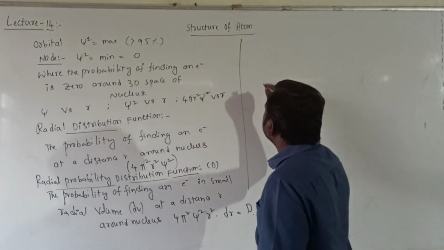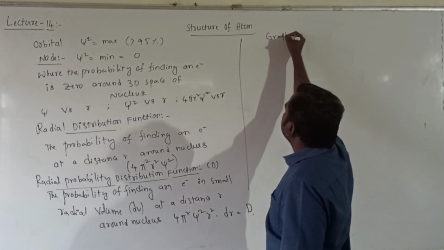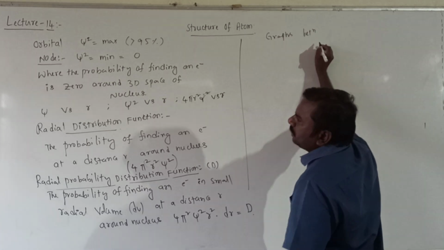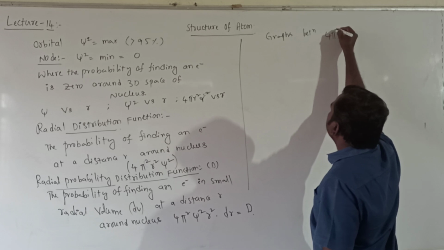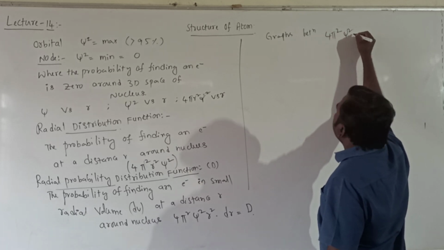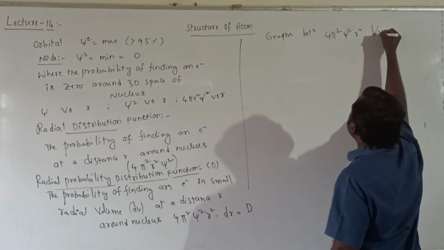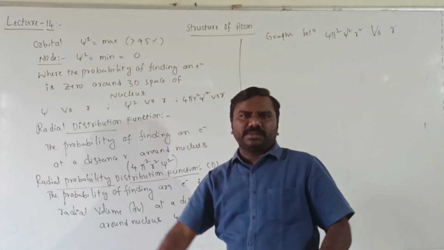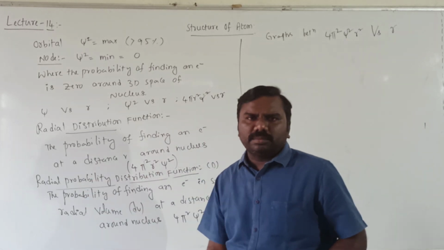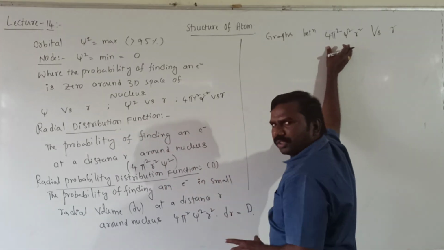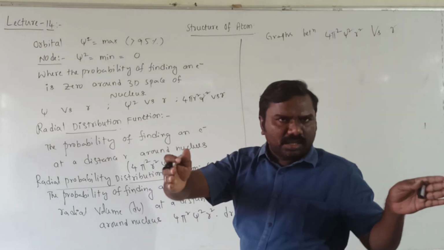Now the first graph is between 4 pi r square psi square and r, the radius, which means size. If we draw a graph between these two terms, it is radial distribution function versus distance r.